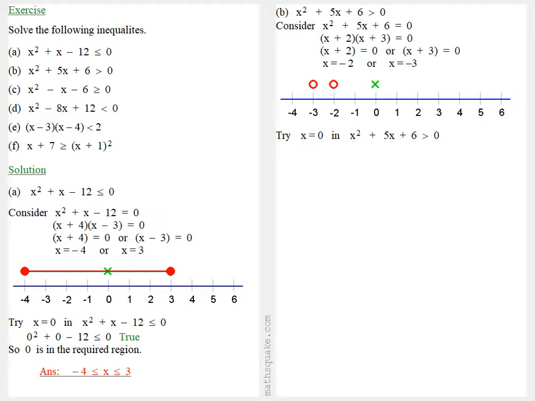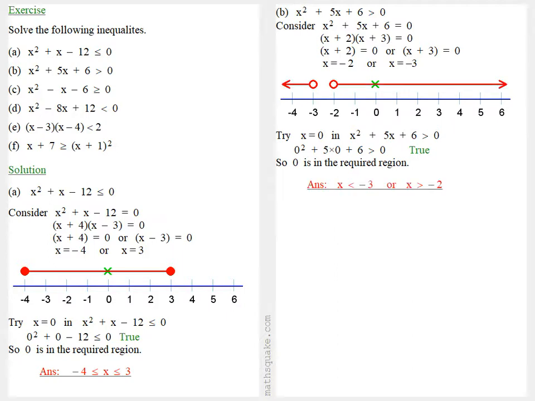So let's choose x is 0 and substitute it in the original inequality. Now that gives us 0 squared plus 5 times 0 plus 6 is greater than 0, or 6 is greater than 0, which is true. So 0 is in the required region, which means we're shading outside the 2 points. So x is less than minus 3, or x is greater than minus 2.